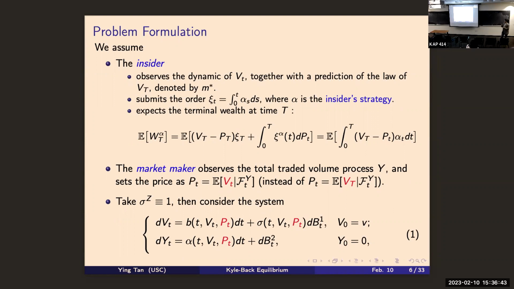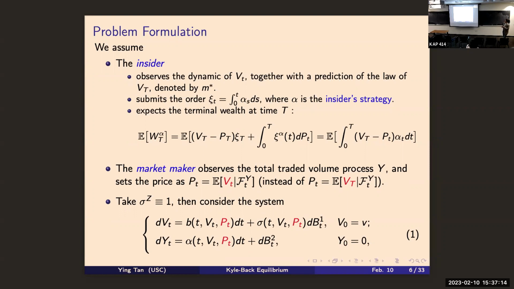Next, we also assume that the market maker observes the total traded volume process Y, and they set the price as the optional projection of the process V, instead of the conditional expectation of V_T. Because the insider can observe V_t right now, it will be more reasonable for the market maker to use V_t to determine the price.